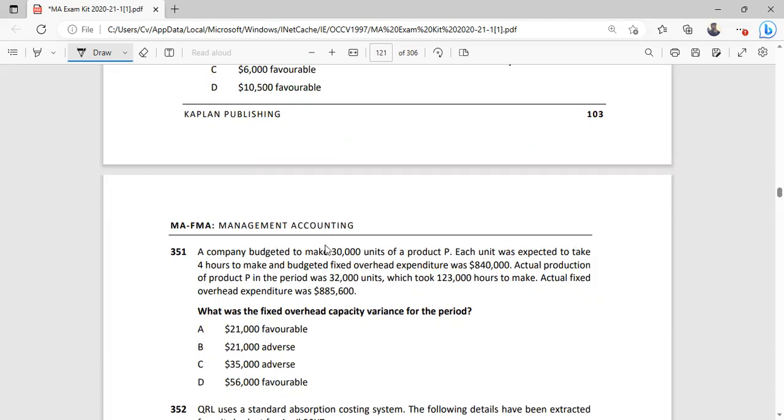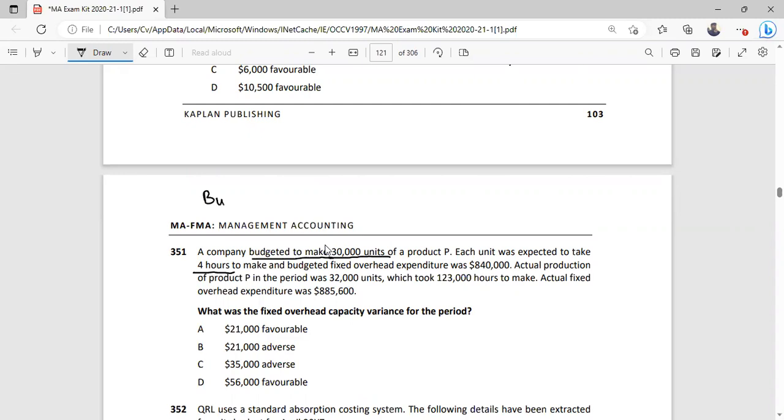A company budgeted to make 30,000 units of product P. Each unit was expected to take 4 hours to make and budgeted fixed overhead expenditure was 840,000. So we have a budget of 30,000 units and each unit will take 4 hours.